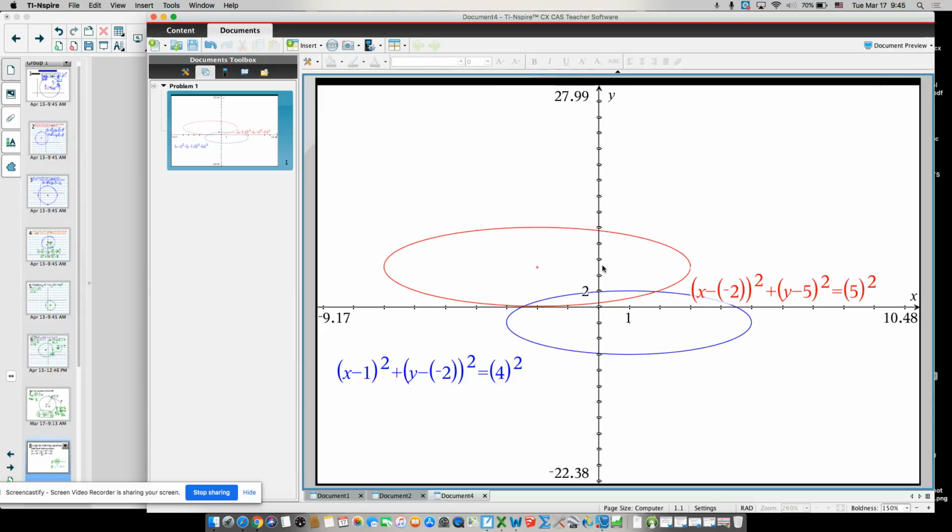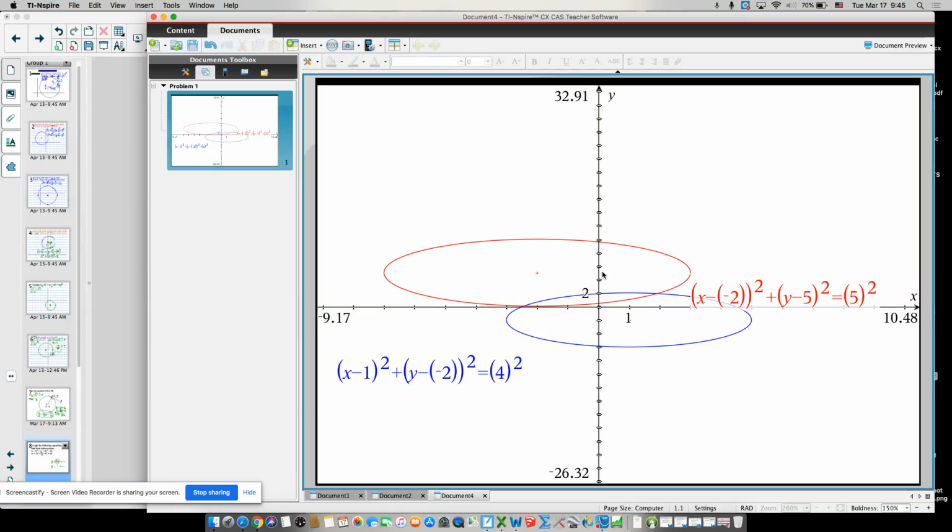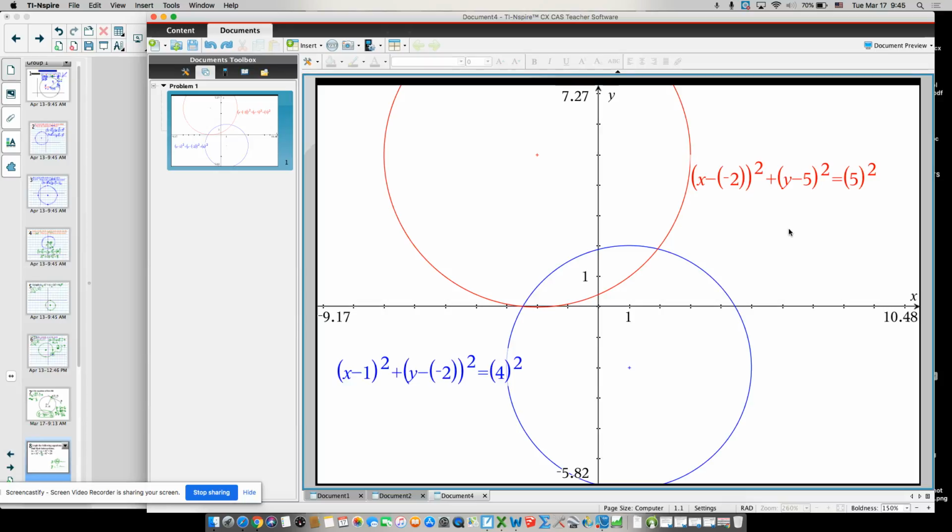Well, for circles, in fact, for any equation in any graph, it's going to squash it, right? So this isn't going to look like a circle anymore because I changed one of my axes. And you might think, well, what's wrong? I didn't get a circle. Well, the problem was that you just changed one axis instead of both. And when you change your window settings, that might happen to you. So it might be better if you just grab the axis and move them both at the same time.